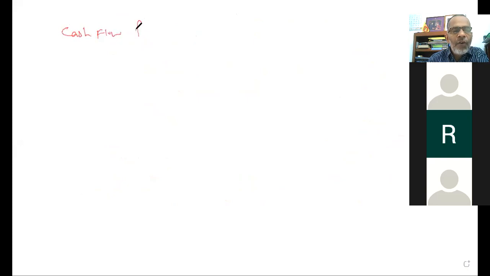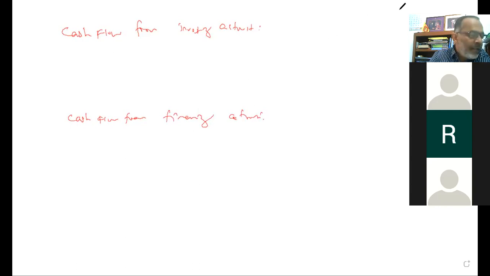Next one, cash flow from investing activities. After that, I want to go for cash flow from financing activities. During the year, the company property, plant and equipment.